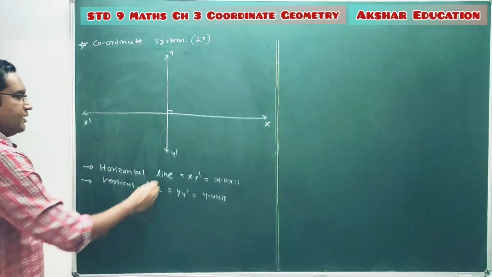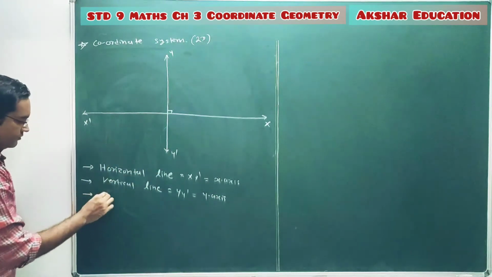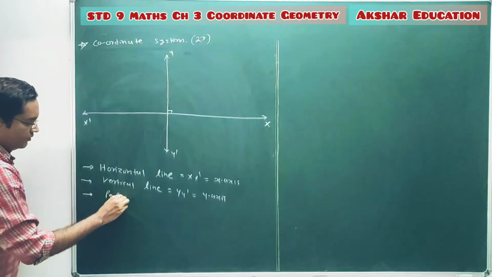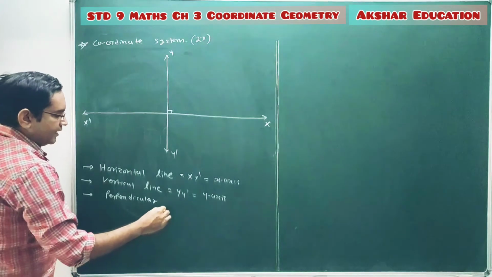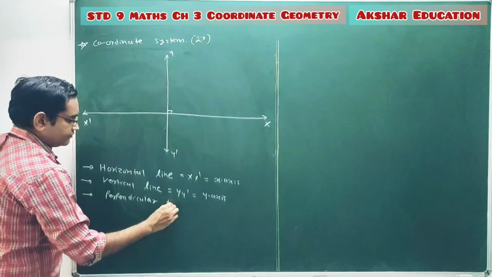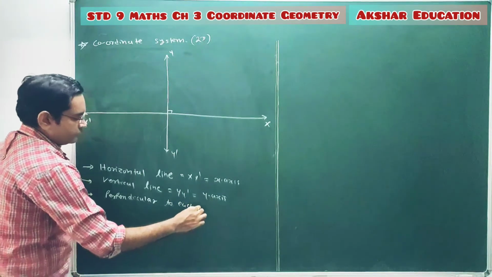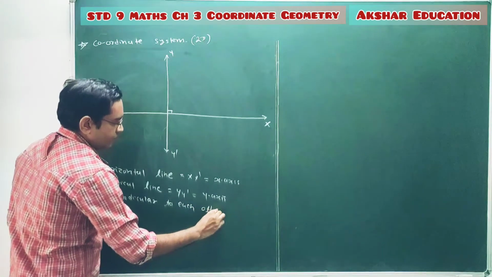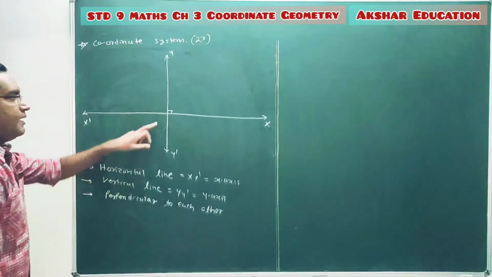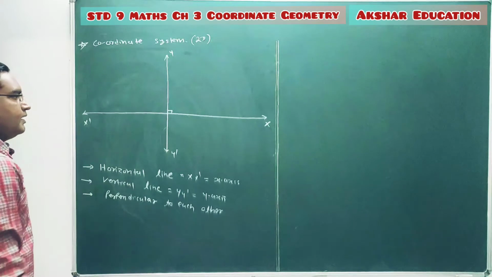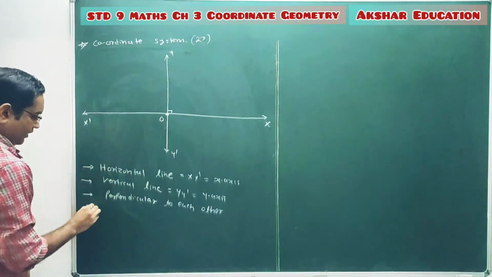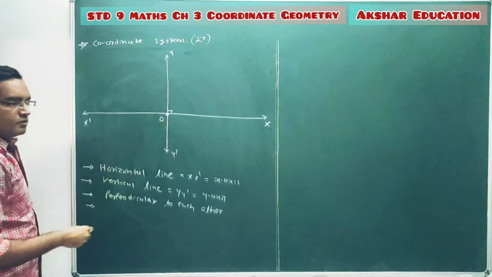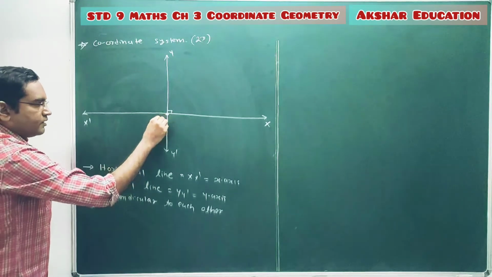Clear? And both lines are perpendicular to each other. Perpendicular to each other means they are intersecting each other at 90 degrees, and their intersection point is O. Someone represents this as 0.